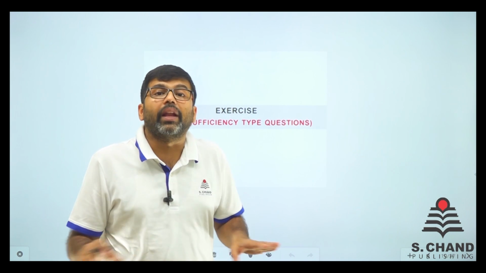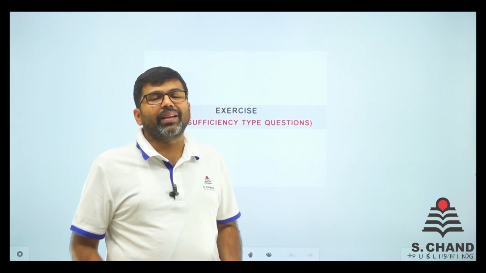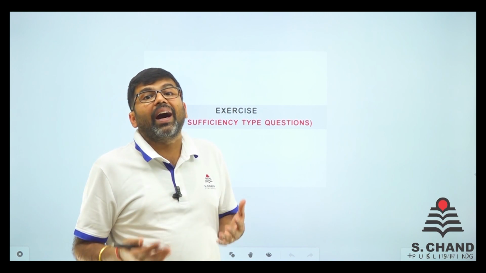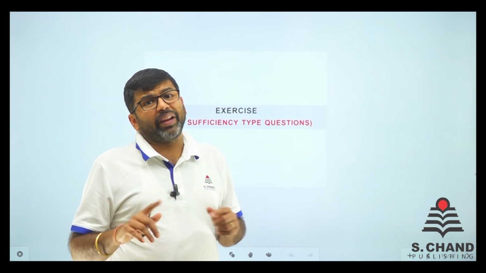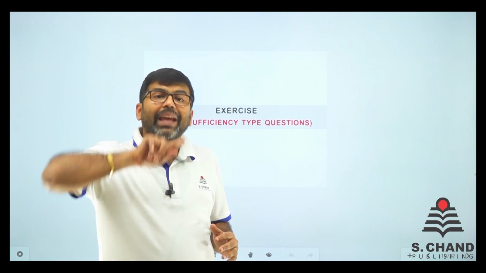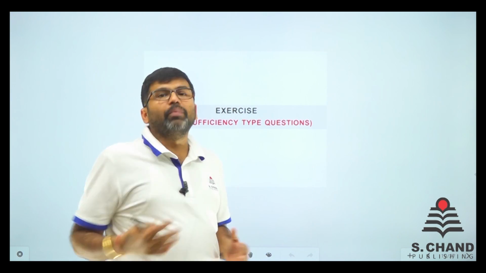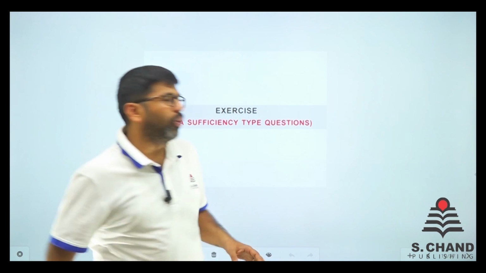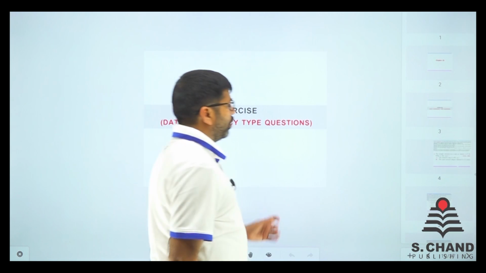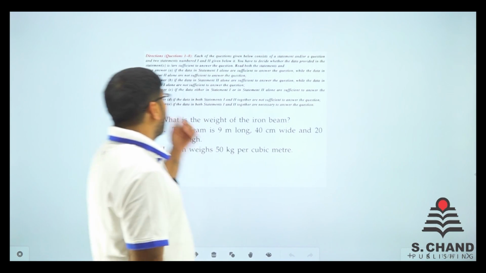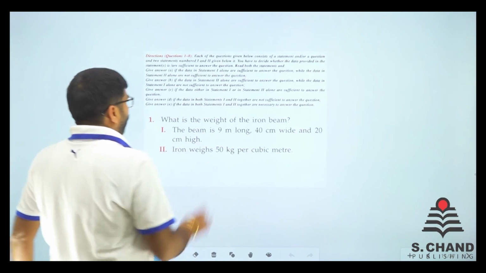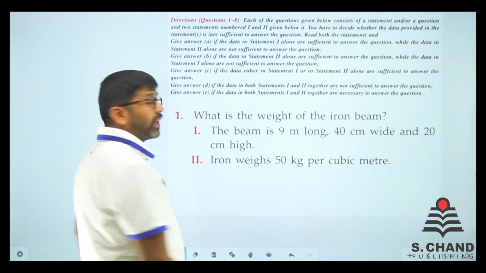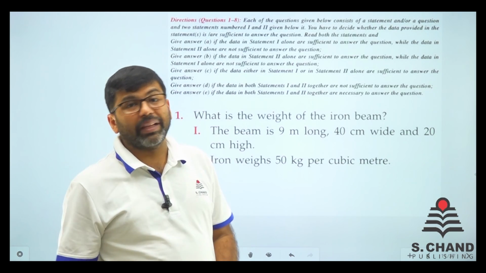We only care whether the answer that will come can be reached with the data, whether we will get the answer or not. That is important, right? What the answer is, not at all important. Do some questions and you will get to know. Okay. So first question, right? Question number 1 says what? See, the options are the same every time, as I told you.